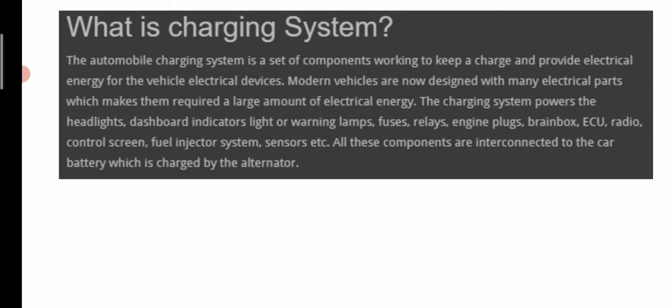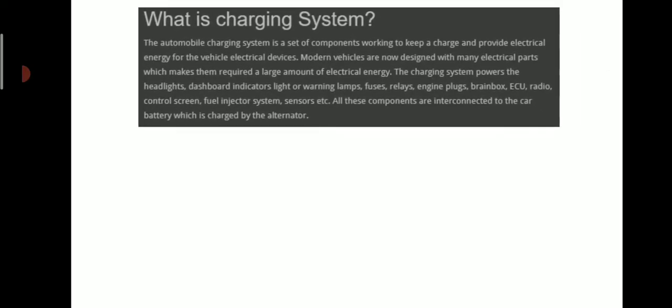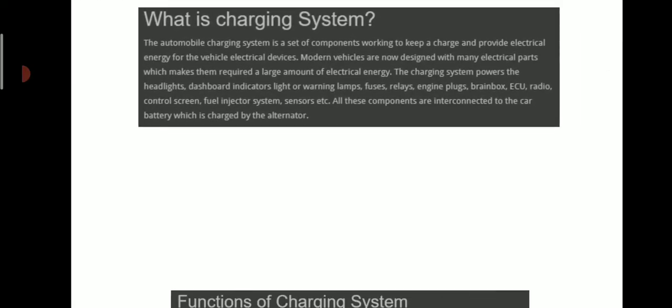The charging system powers the headlights, dashboard indicators or warning lamps, fuses, relays, engine plugs, ECU, and such components. All these components are interconnected to the car battery, which is charged by the alternator. So this is the charging system.